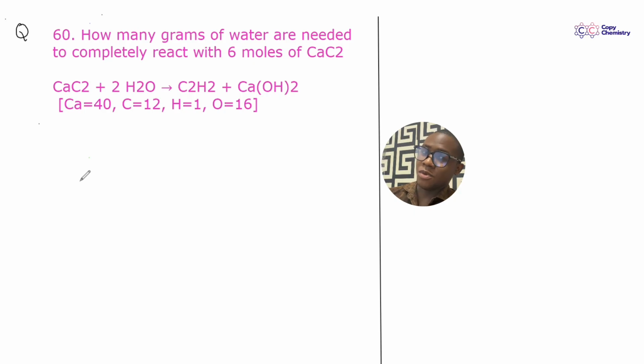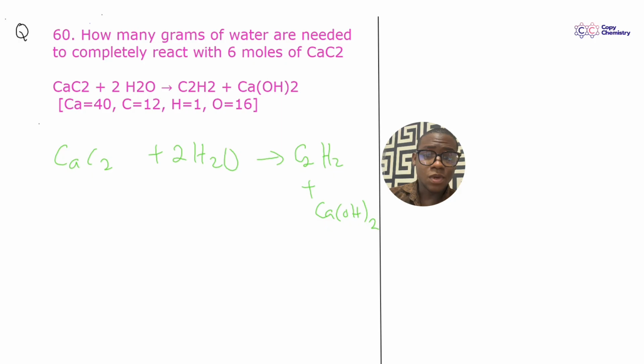But now it's grams, so I guess we have to write something. CaC2 + 2H2O. This is the equation of reaction again. → C2H2 + Ca(OH)2. Make sure that all your equations are balanced when you're working on stoichiometry because you need the accurate numbers there.